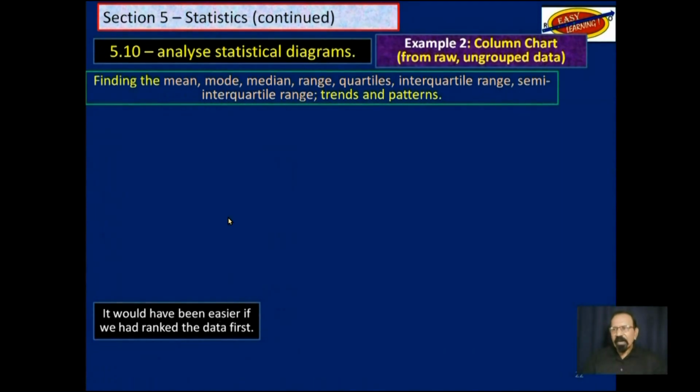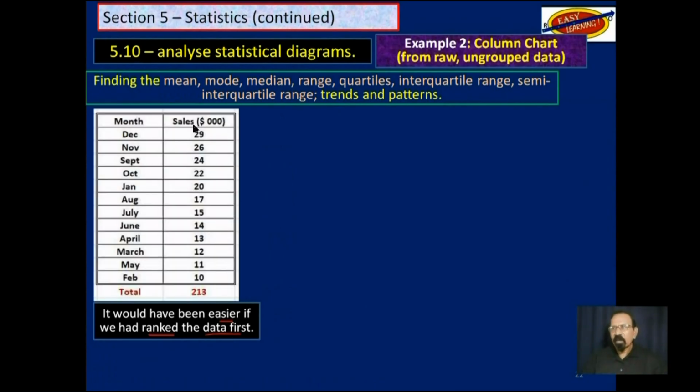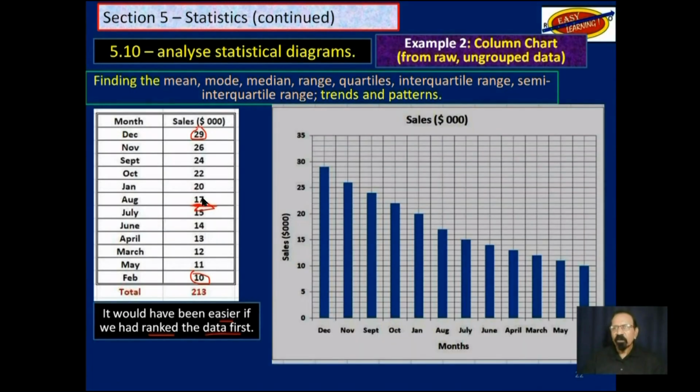Now, it would have been easier if we had ranked the data first for this column graph, like this: highest, the lowest, then we could have checked our answer as we go along and find the median somewhere here, and so on. So we would have gotten a graph like this.